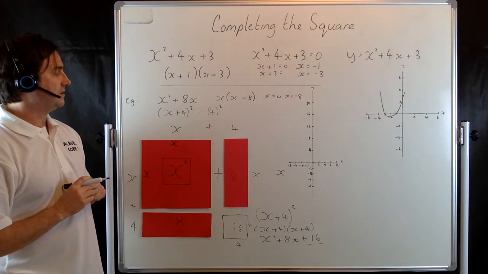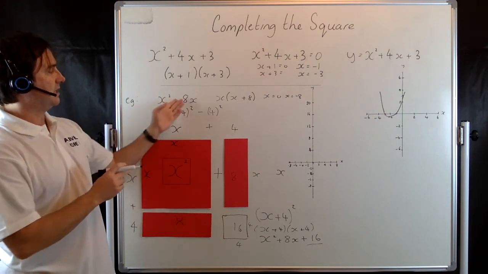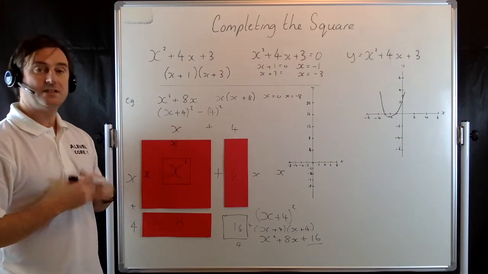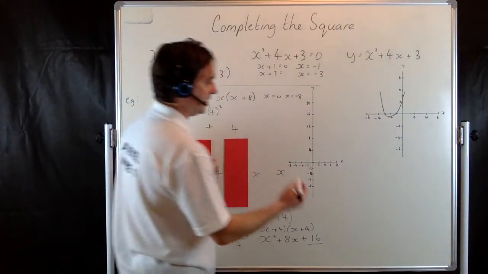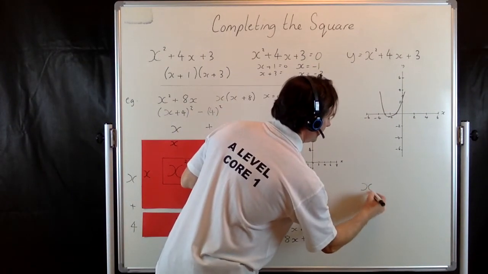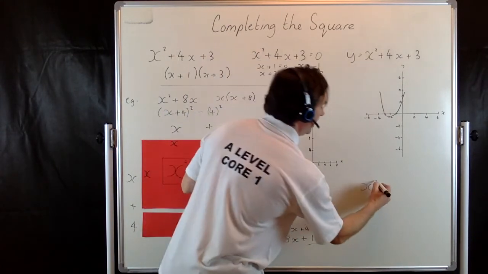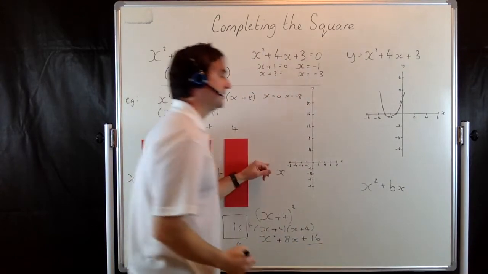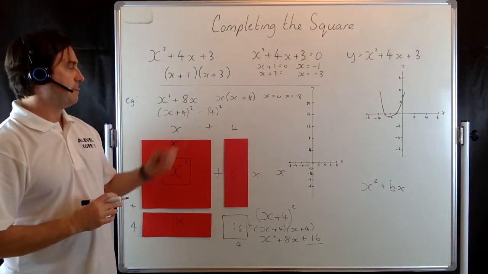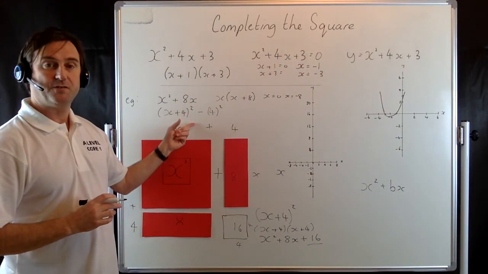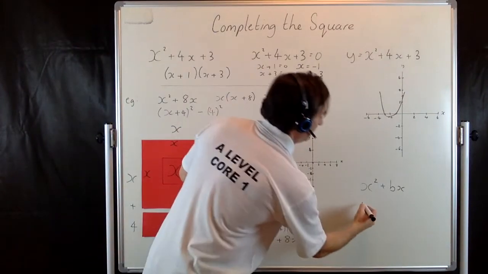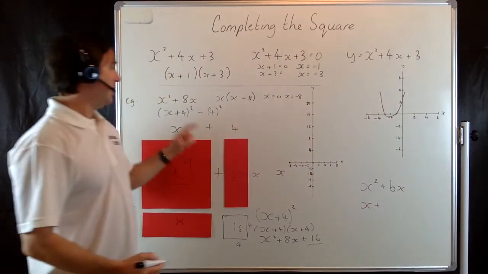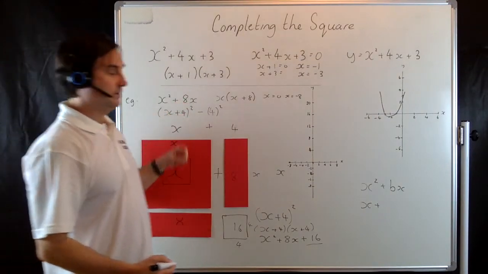Now what I can do is generalize this into a completing the square formula. What I'm going to do is, instead of having this as x squared plus 8x, I'm going to now call the 8, b. So I've got my basic expression, x squared plus bx. I'm now going to write that in my completing the square format. And it becomes x plus, what did I do? I halved the value of b.